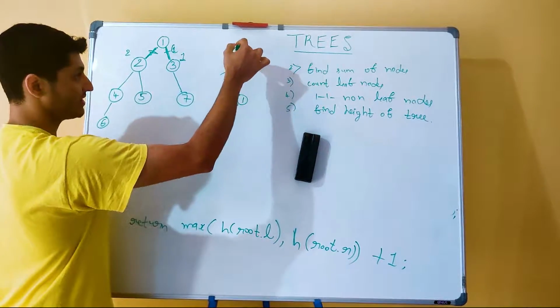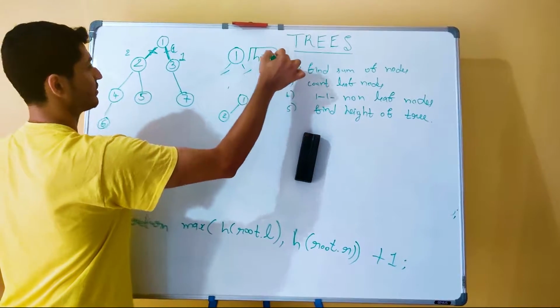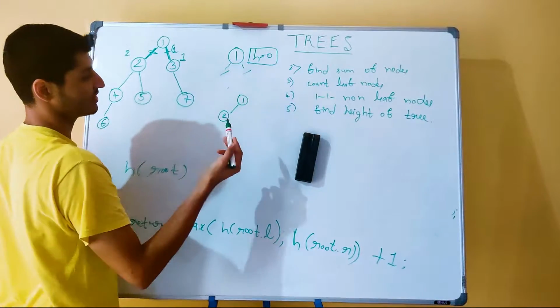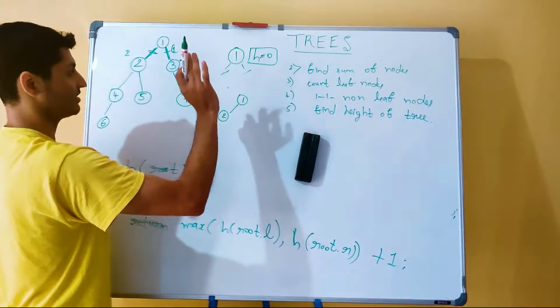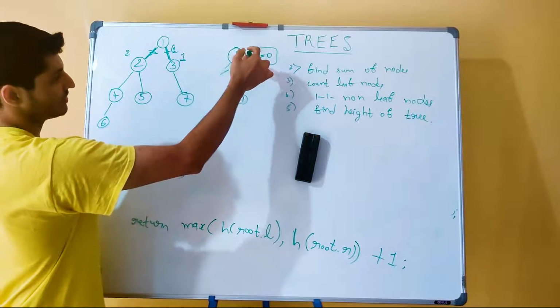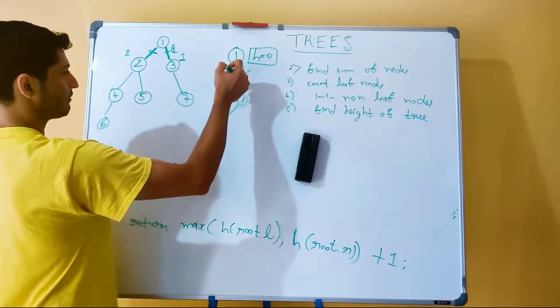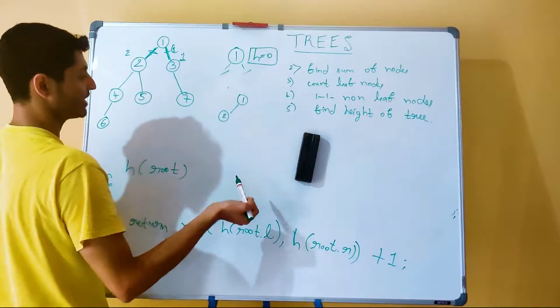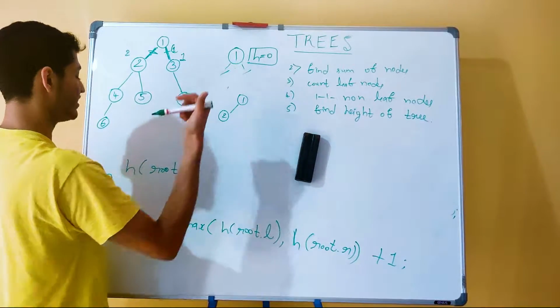given a tree with a single node, its height is 0. Okay, this is by convention, but sometimes people also take this height as 1, but this is usually the case. Any tree which is having only one node, its height is 0. So if I have been given a tree which doesn't have any node, we'll take the height of that tree as -1.